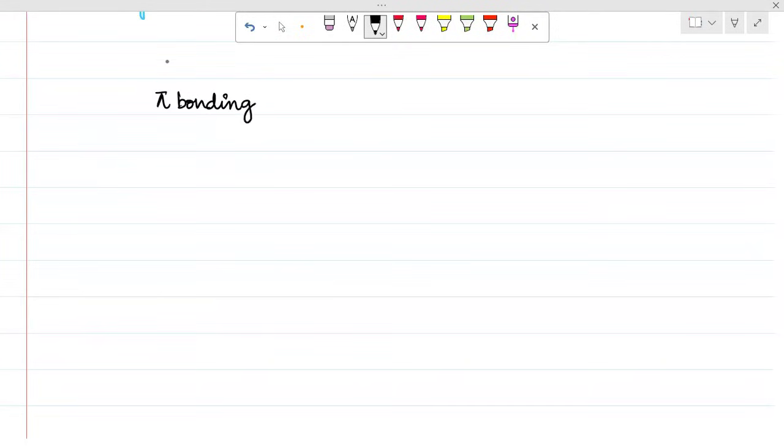So in pi bonding, what you have to understand, which I had also spoken about in the spectrochemical series, is that the ligands according to CFT are of two types. One type of ligand is called a pi donor ligand.